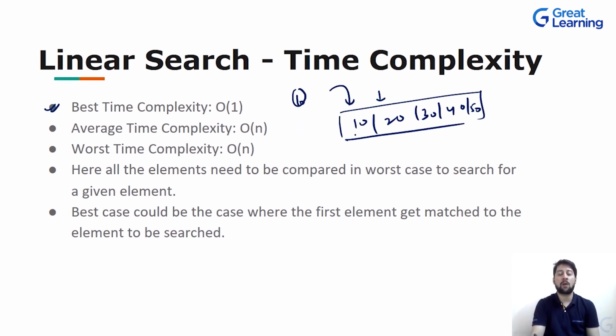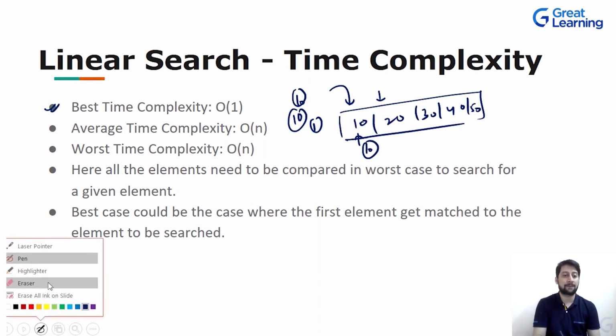How many iterations did you require to find the 10? None, right? Constant time. Only one single unit operation was done and you were able to find 10. So this is the best case time complexity, where the element you're trying to find is the first element that you search.